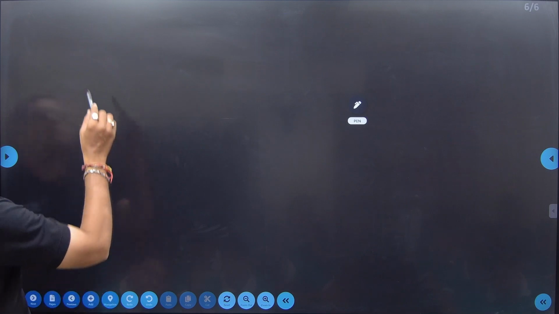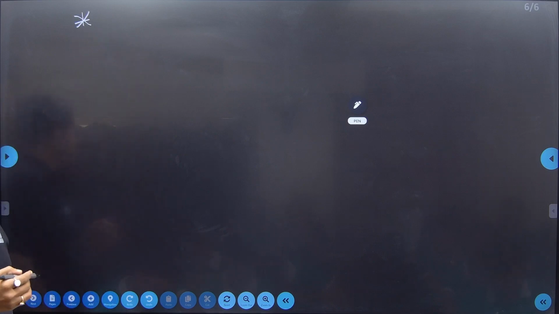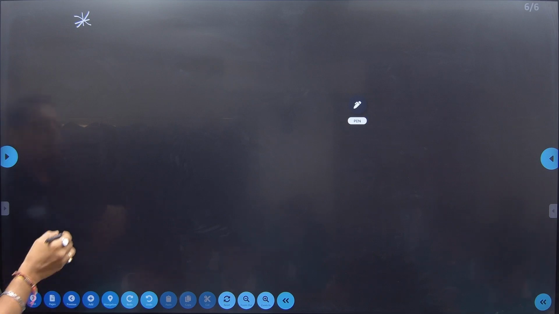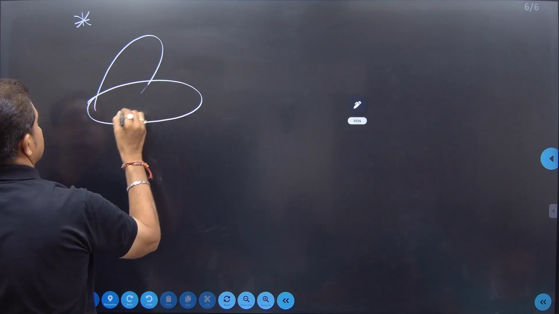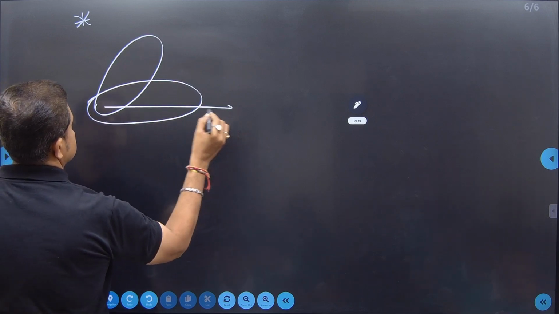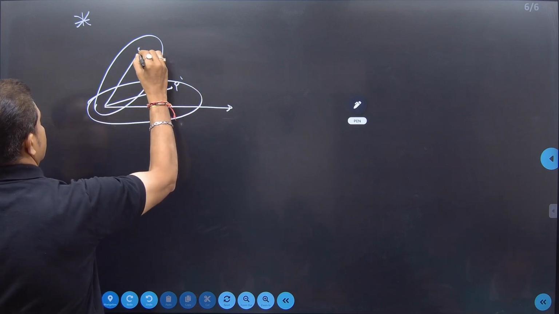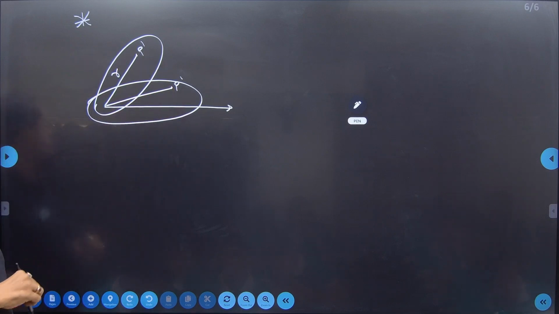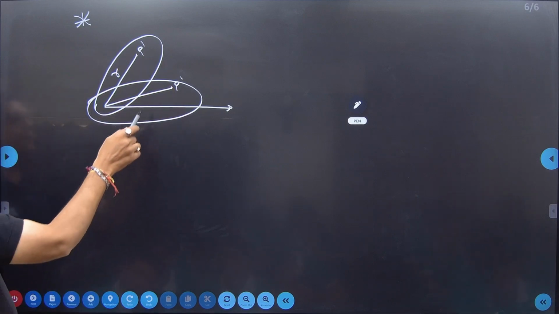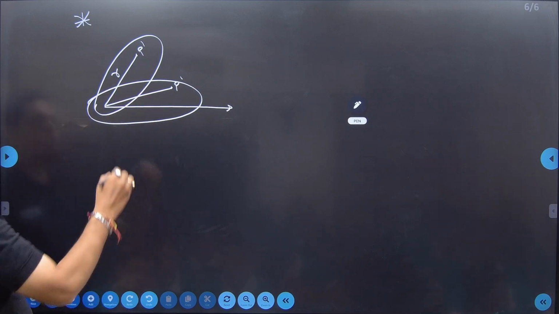Then what is the relation between linear velocity and angular velocity? Consider a particle which is at point P at time t and P dash at time t plus delta t.